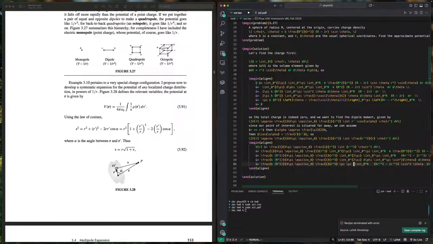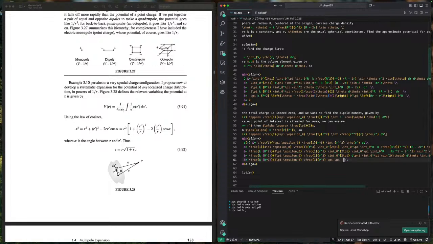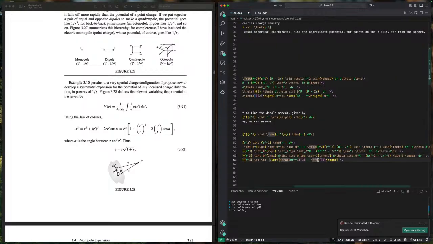And then this becomes r prime cubed over 3 minus r prime to the 4th over 4. And I don't think this is going to be 0 this time, but I could be wrong.